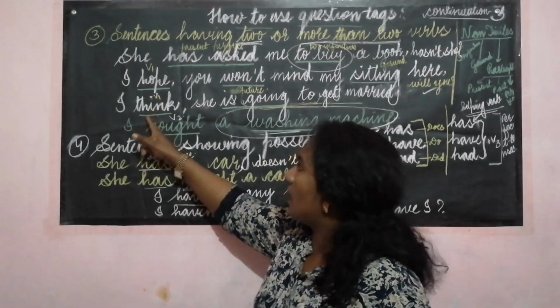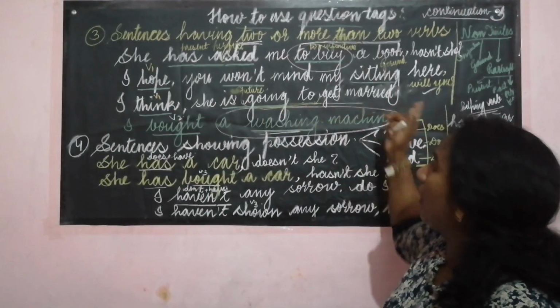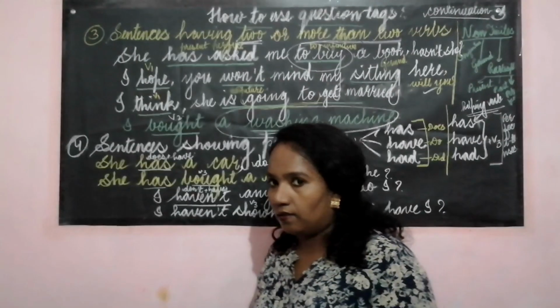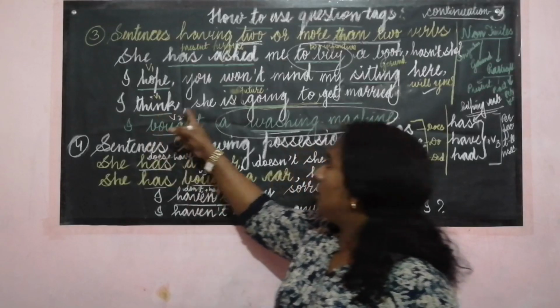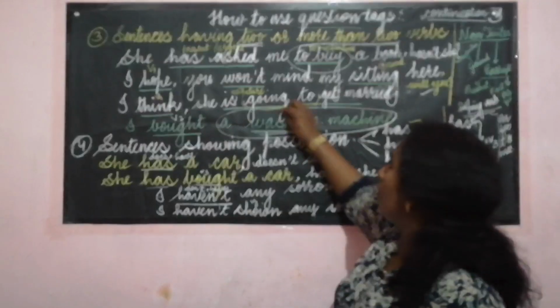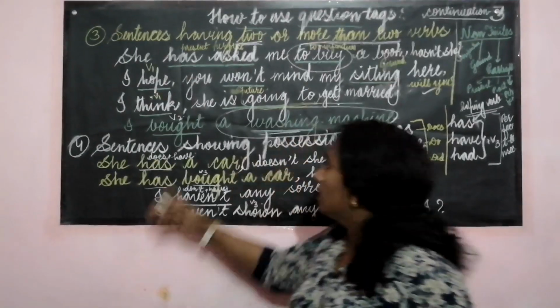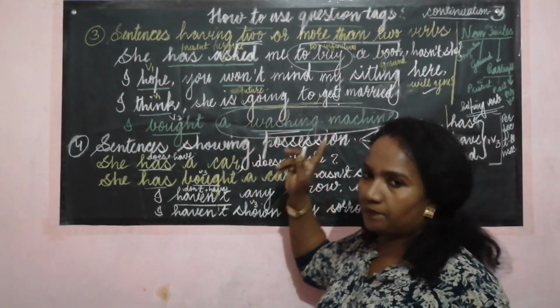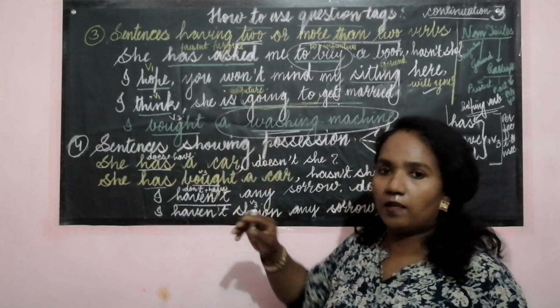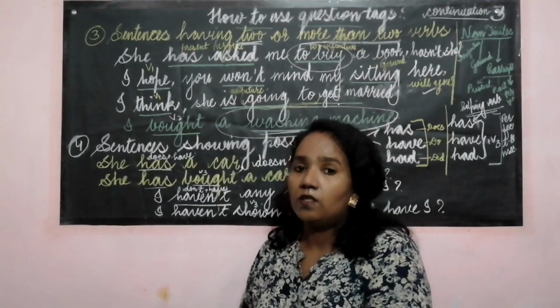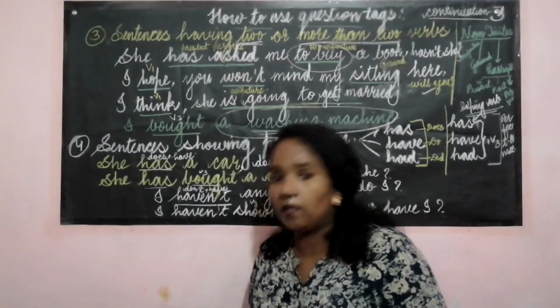Now in this sentence, I think she is going to get married. Here I think is the first form of the verb, and she is going to plus V1 is the structure to express the future tense. That is, she is marrying in March, in June. She gets married in March.